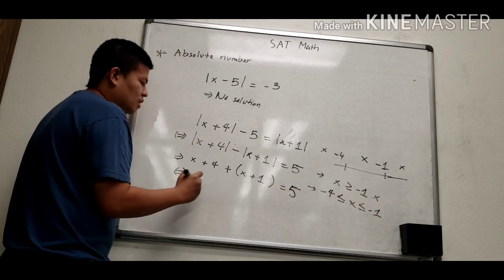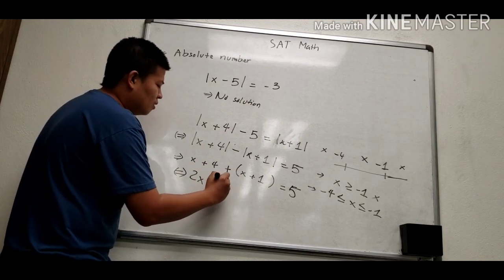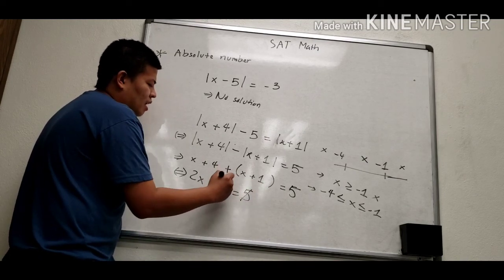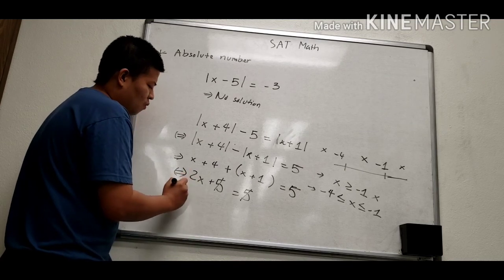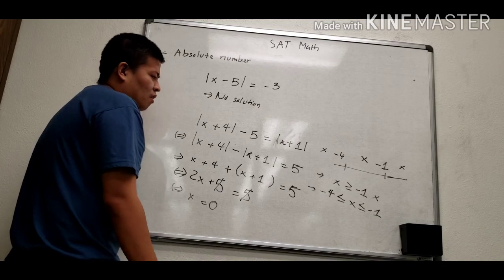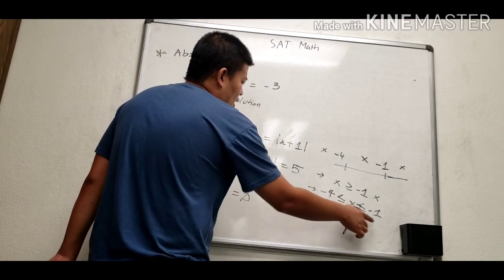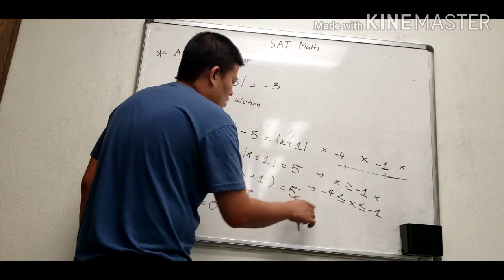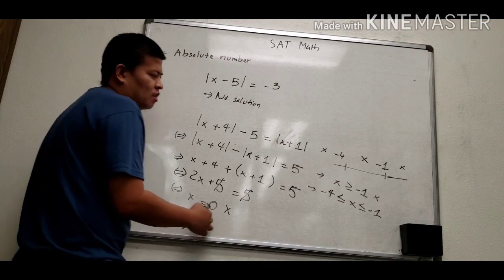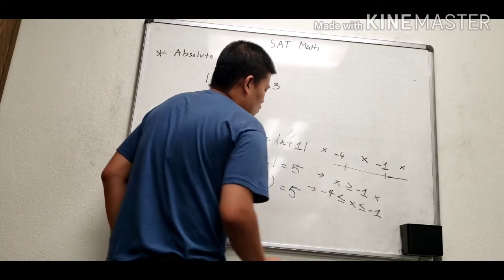We have s plus s is 2s, 4 plus 1 is 5, and we have 5. The 5 and 5 eliminate together, so we conclude that s equal to 0. However, the question asks for s between minus 4 and minus 1, so this is not a solution, because s equal to 0 is outside the range between minus 4 and minus 1.